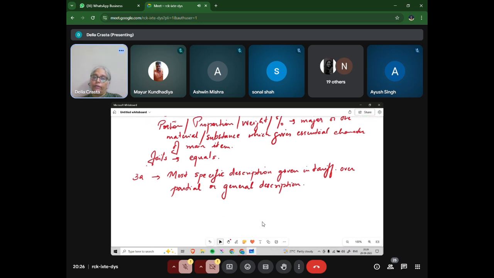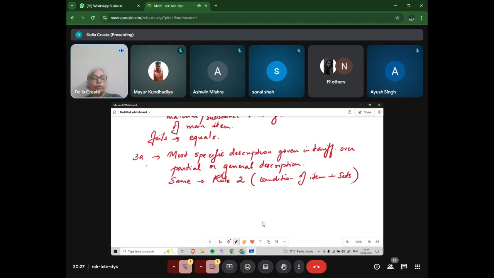Okay, but what is the condition of the items? It is the same as what we have seen for rule 2. I'm talking about the condition of the item. Plus sets are added over here. Okay, so when does rule 3a fail?